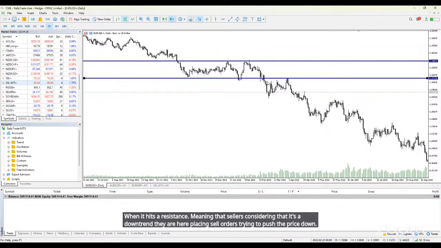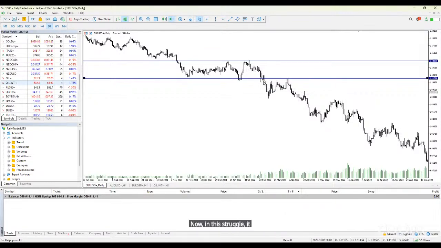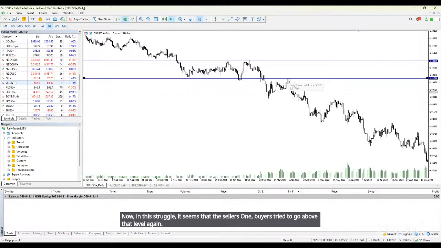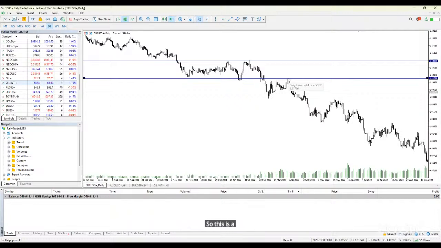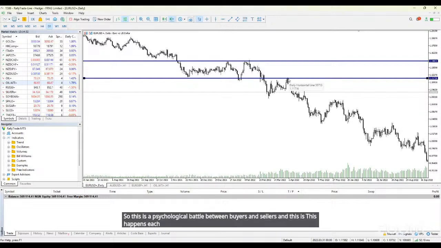Now, in this struggle, it seems that the sellers won. Buyers tried to go above that level again. So this is a psychological battle between buyers and sellers, and this happens each and every time a support and resistance is met, and not only on the forex market, but you'll see that on stocks, you'll see that on commodities, you'll see that on indices, and so on and so forth.